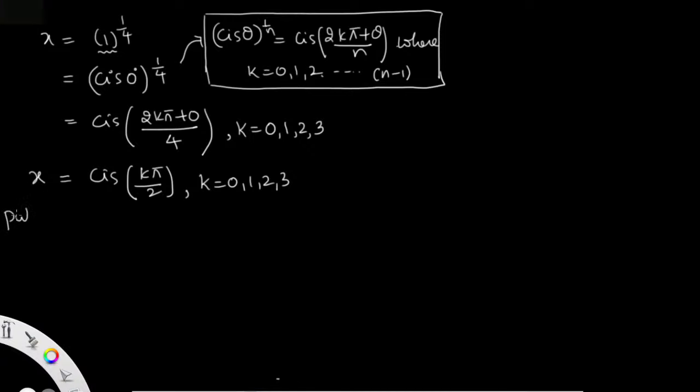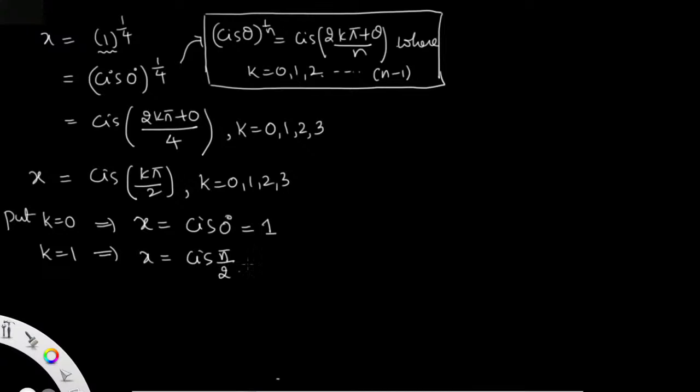Put k equal to 0: x equal to cis 0, which is nothing but 1. Cis 0 is always 1. Put k equal to 1: x equal to cis pi by 2, which is i. If k equal to 2, x equal to cis of 2 pi by 2, which is cis pi, that is minus 1.